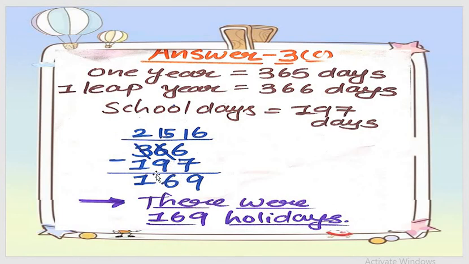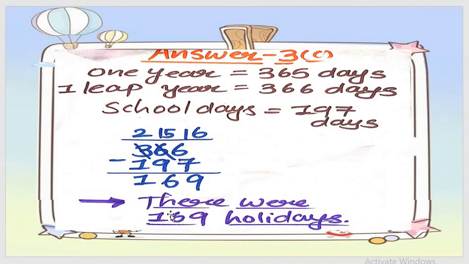Then again I cut the further digit 3 and put the smaller digit 2. 2 minus 1 is equal to 1. So the answer is 169 days of holiday. There were 169 days of holiday.